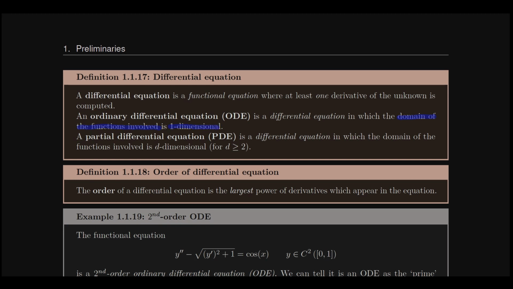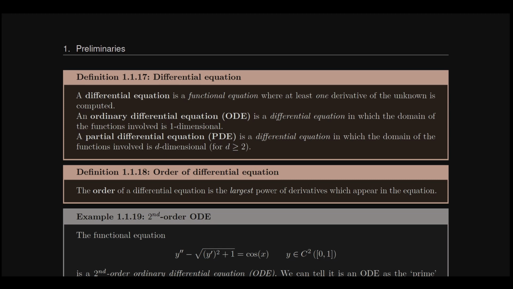If the input is anything more than one-dimensional, we have a PDE: a differential equation in which the domain of the functions involved is d-dimensional for d greater than or equal to 2. So if whatever function I'm solving for depends on more than one dimension, then I have a partial differential equation. That's the only difference between the two. It doesn't care about the values the function takes. It cares about the inputs to the function.